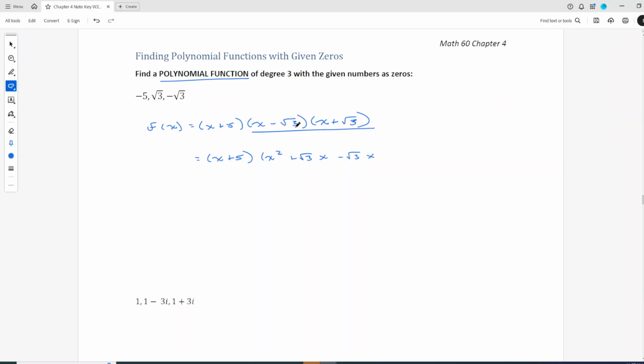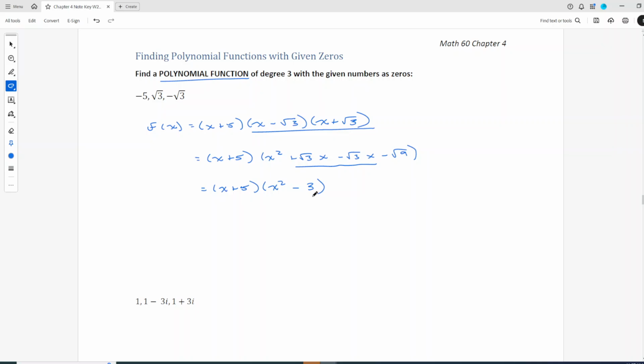And then negative root 3 times positive root 3 is negative root 9. When I go to simplify, you'll notice that I'm left with x squared minus the square root of 9, which is 3. Two conjugate brackets always multiply together to get rid of the middle terms.